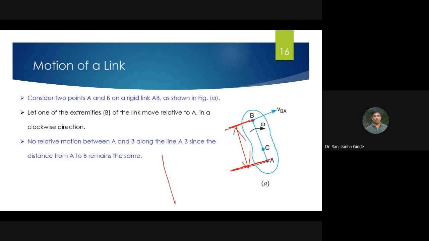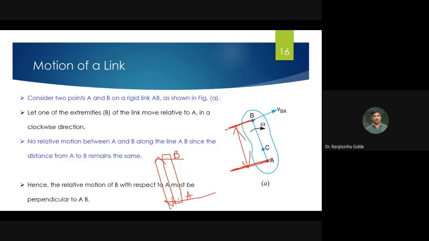So this is once again a link. Here it is B and here it is A. For your information, I have drawn one more diagram. So this distance is not going to be changed. So B will move relative to A in clockwise direction, but this distance is not going to be changed.